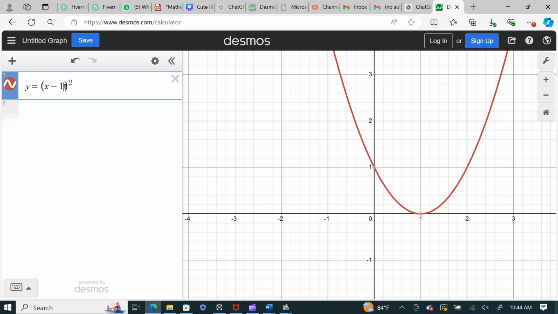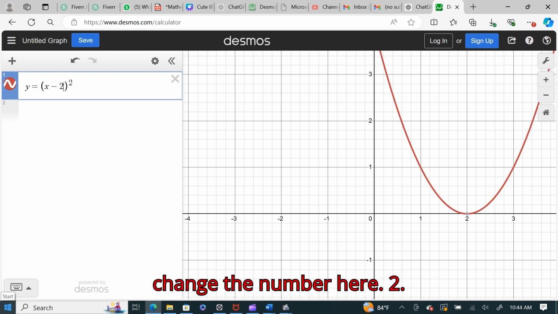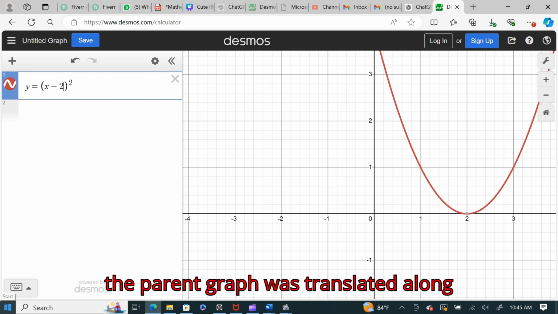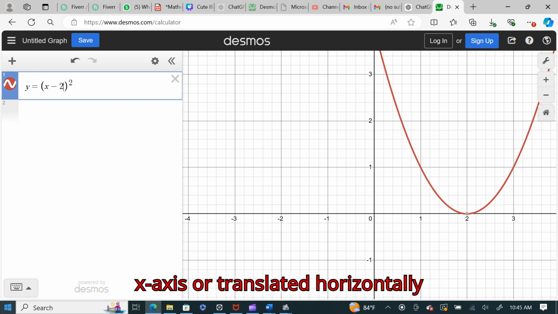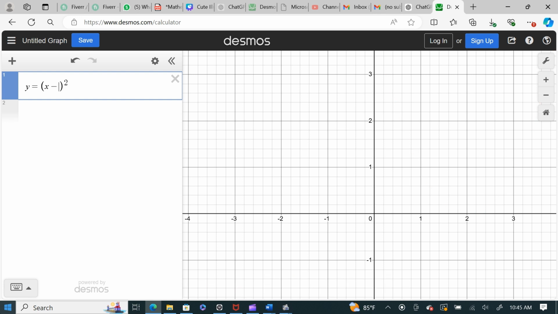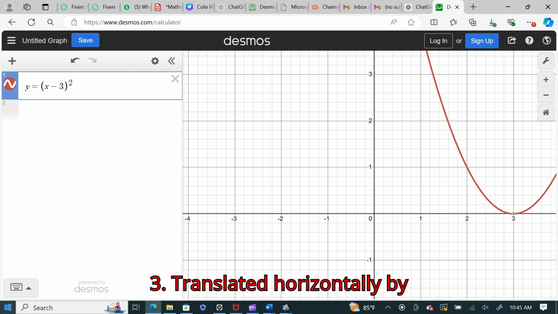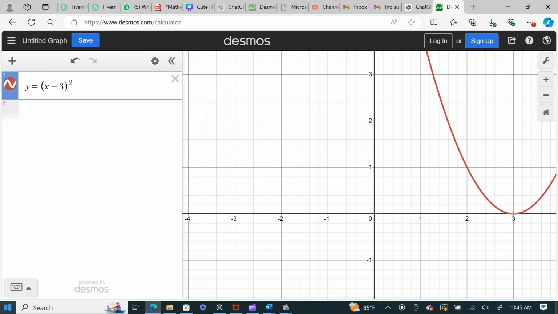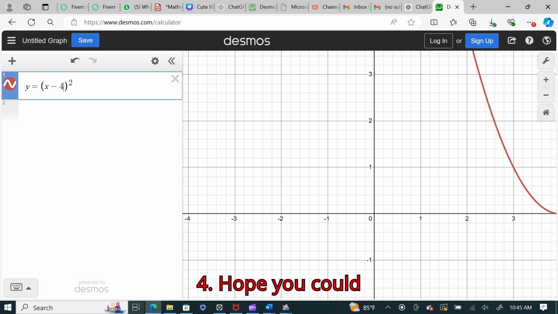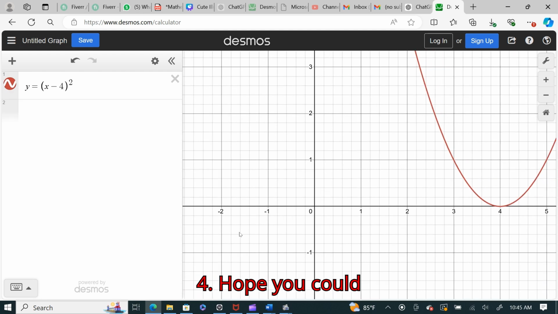What will happen? I will change the number here. 2. The parent graph was translated along the x-axis, or translated horizontally towards the right side by 2 units. 3. Translated horizontally by 3 units. 4. Right? Hope you could understand.